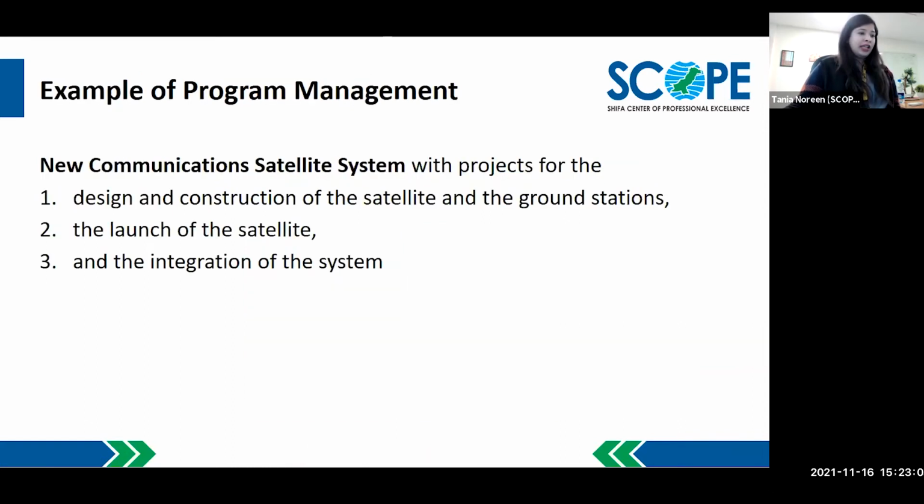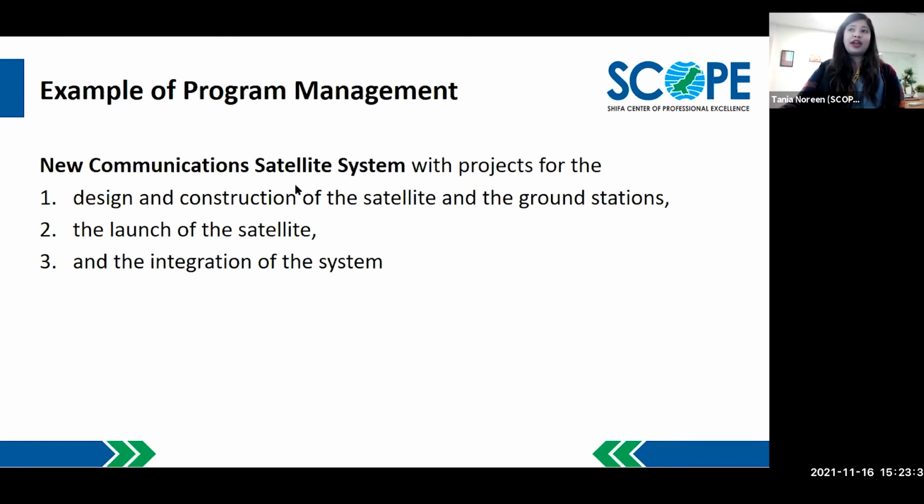For example, a new communication satellite system with the projects. It has now 3 projects in it: design and construction of the satellite and the ground stations, the launch of the satellite, and the integration of the system. These 3 are the projects, but they are part of one program, that is the new communication satellite system.